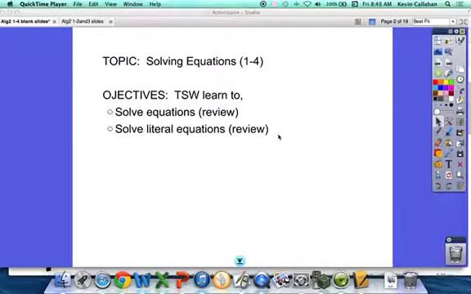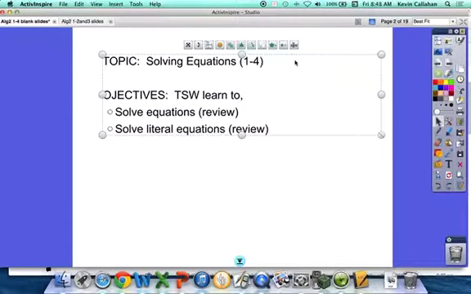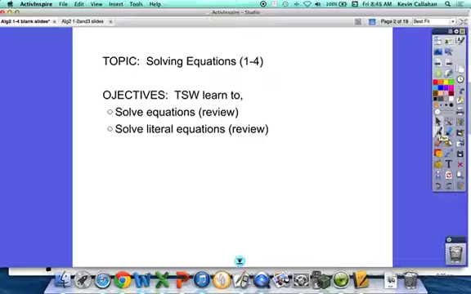In chemistry, you're going to come up with something like PV equals nRT. That's called the ideal gas law. P is pressure, V is volume, n is the amount of the gas, and T is temperature.